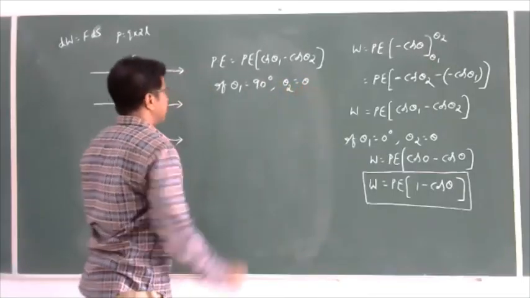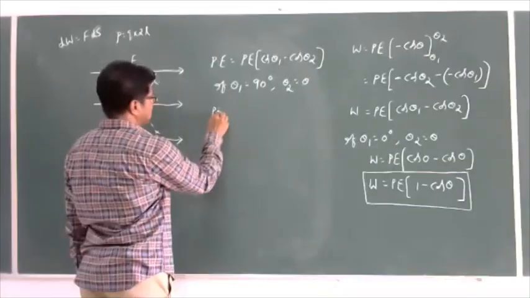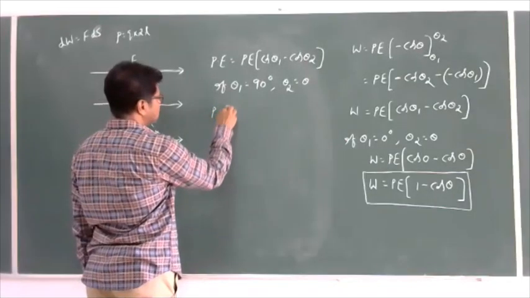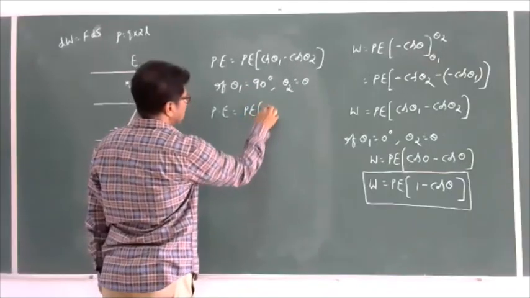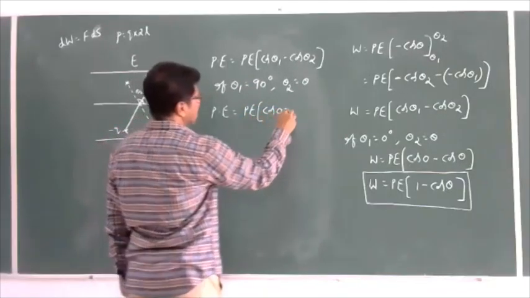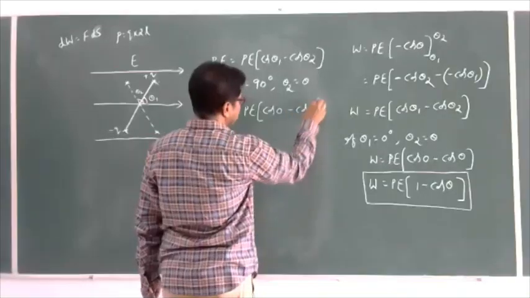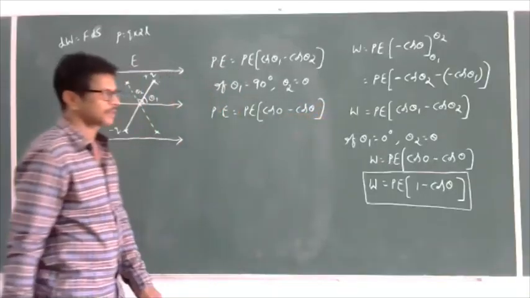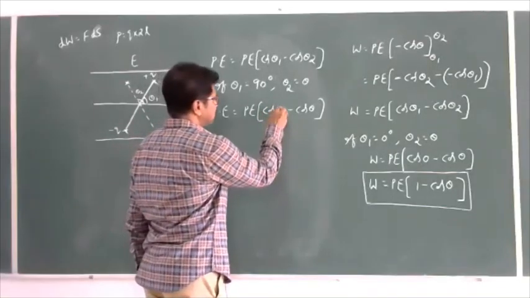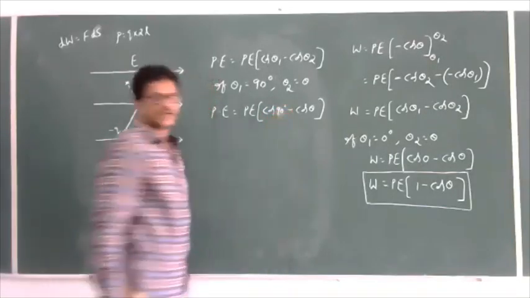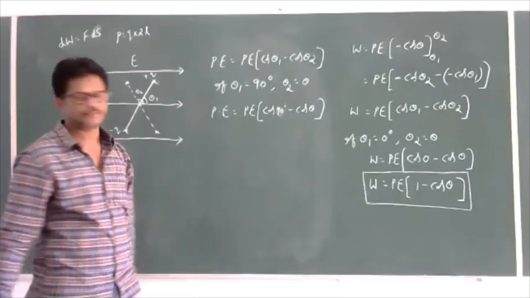Then potential energy is equal to PE into cos 90 minus cos theta.